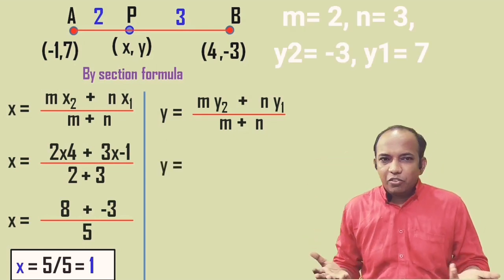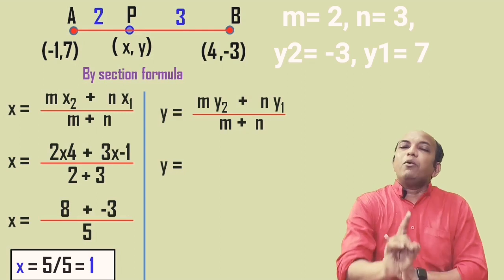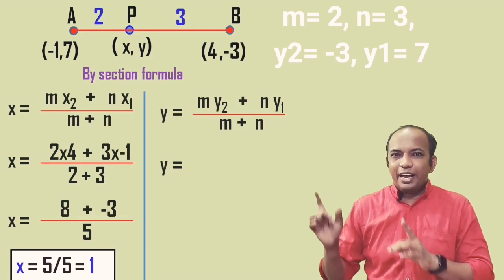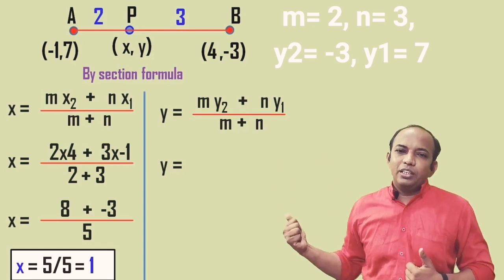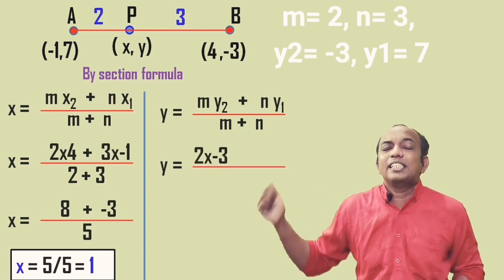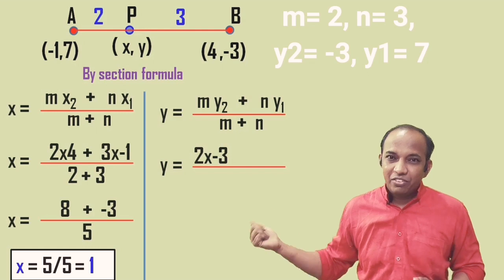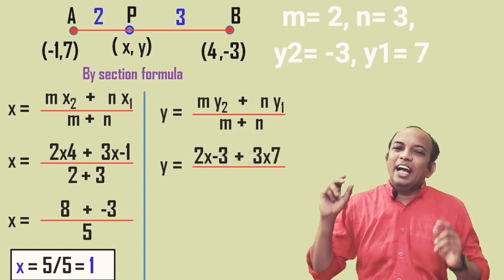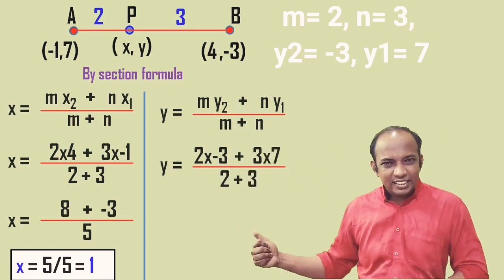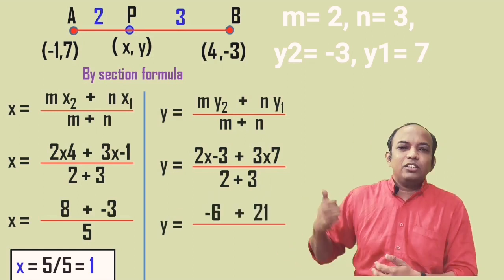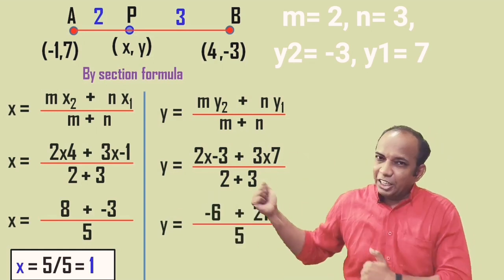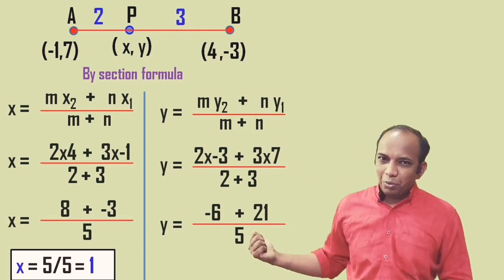For the y, again the way we decided, m will always stick to y2 and n will always stick to y1. So what we have is 2 into negative 3, plus 3 into 7, the whole upon 2 plus 3.